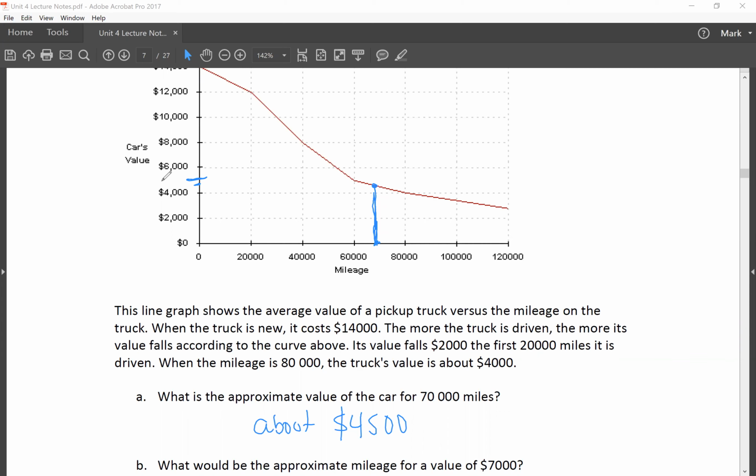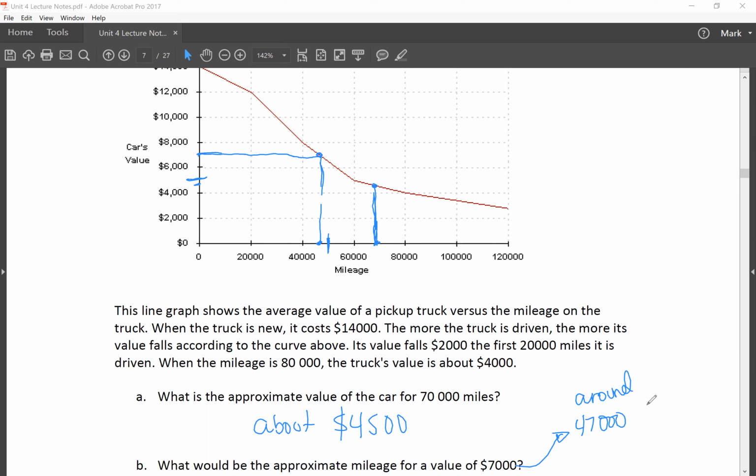Okay, so it says what would be the approximate mileage for $7,000? Again, I'm going to go over here in the middle and go down here. I should have picked a different color, but anyways, you get the idea. So halfway would be 50,000. So this could be around 47,000.